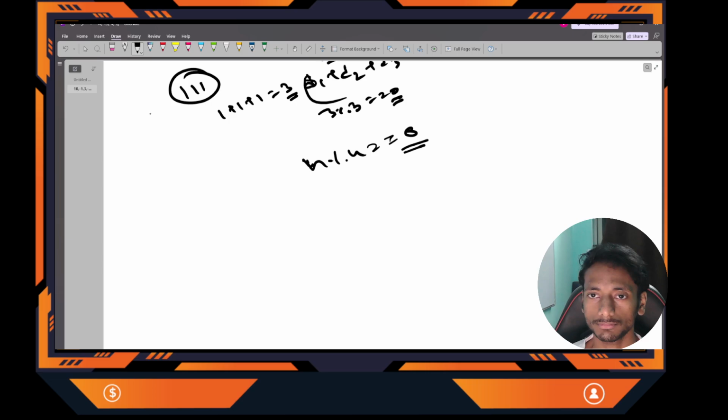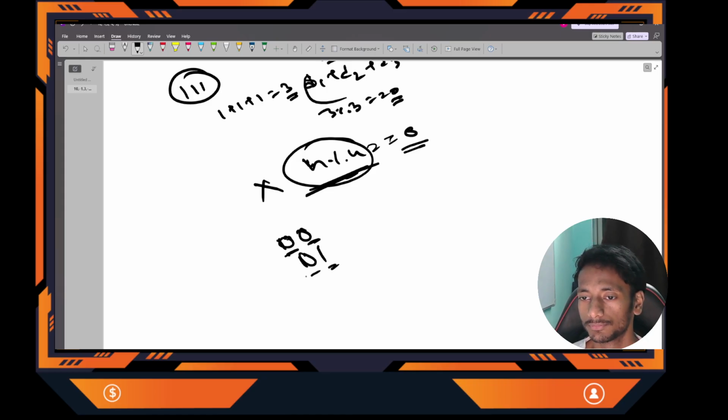So if a number is not divisible by 2, is it possible for it to be divisible by 4? No, correct? Because the last two digits should be divisible by 4, but the last digit is always odd, 1, because the only digit allowed is 1. For divisibility by 4, the last digit should be even.